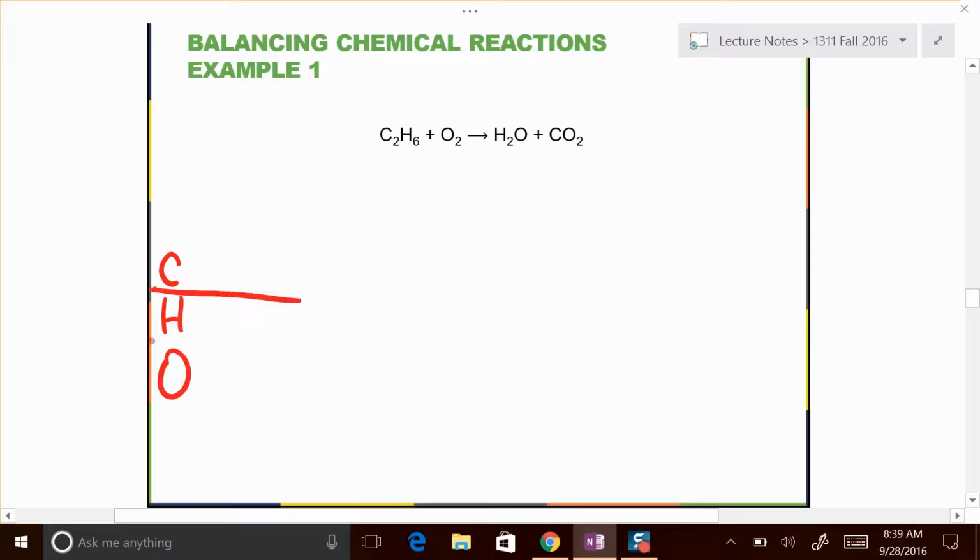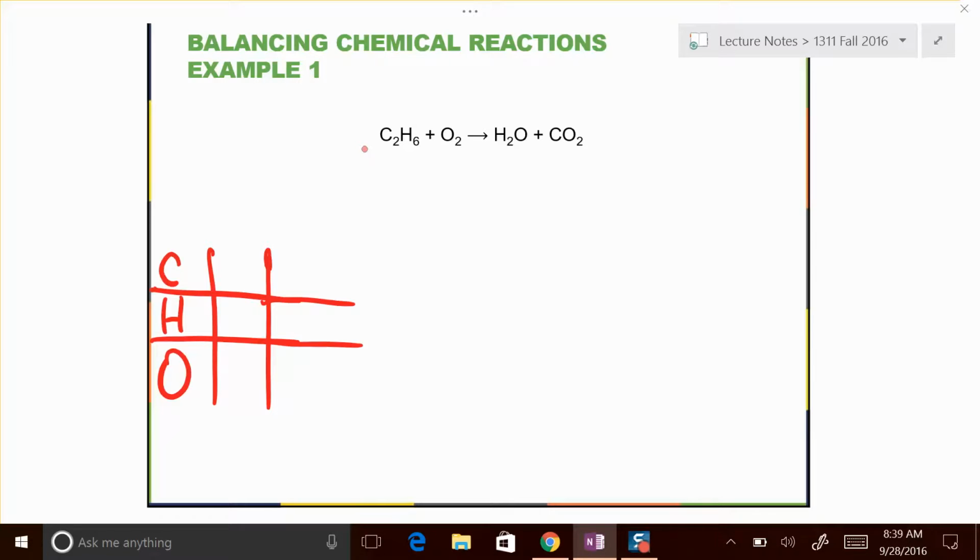These are the elements that I'm going to balance in this. Okay? So C2H6 plus O2 produces carbon dioxide and water. And essentially, any organic molecule like this, carbon-hydrogen molecule, when you react it with oxygen, guess what it produces? Carbon dioxide and water, always.